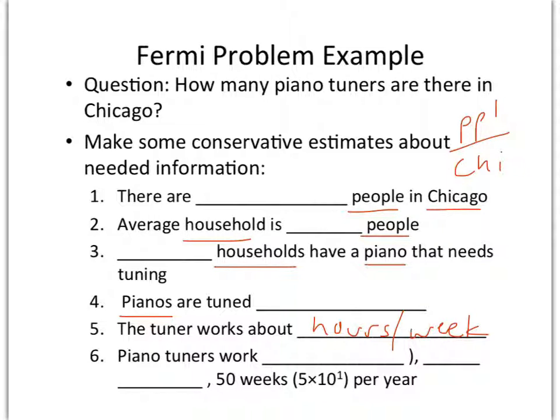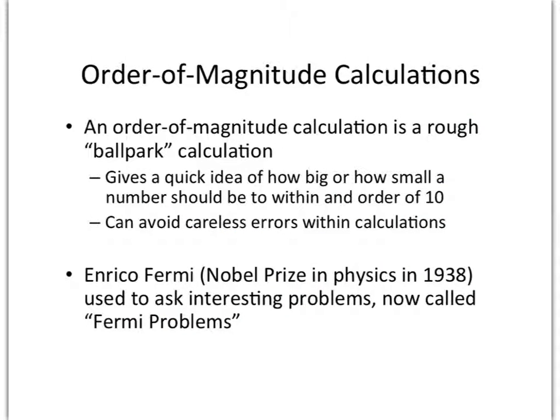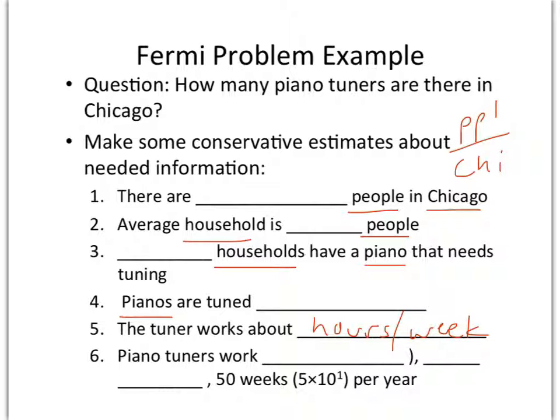And so if you know all these conversions, you can create an estimation of how many piano tuners there may be in the city of Chicago based on this principle of magnitude calculation. Like I said, Enrico Fermi was famous for this. I'll be doing a little bit of this in physics, but not too terribly much. So there you go. It took about a minute and 30 seconds extra of your time. That's what order of magnitude calculations are, and that is the end of our Chapter 1 notes.